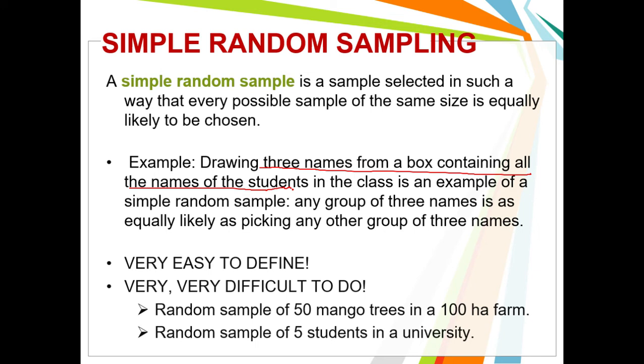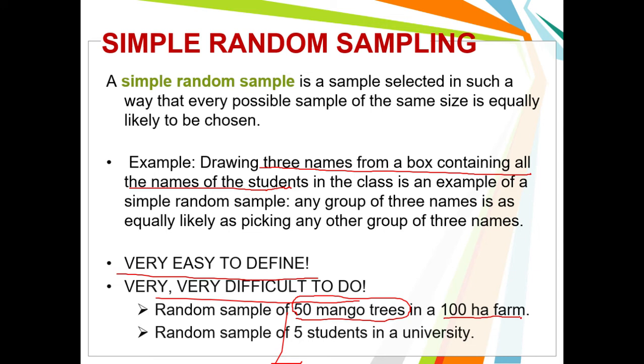Okay? So, ang simple random sampling is very easy to define. Madaling i-define, madaling intindihin. Pero practically, mahirap siyang gawin. It is very, very difficult to do. Example, if you want to select 50 mango trees sa 100 hectare farms, mahirap yan. Nang una, malawak ang 100 hectare na farm.